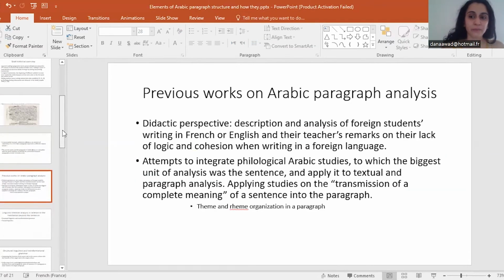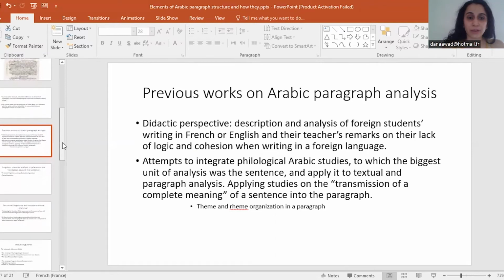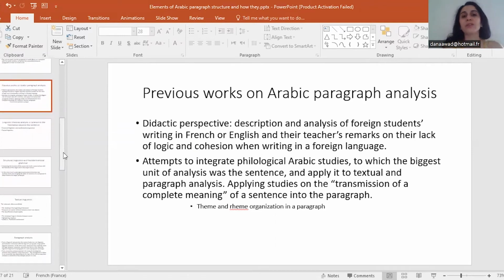So as for the modern paragraph, previous works were either from a didactic perspective, so describing and analyzing foreign students' or Arab students' writings in French or in English, and their teachers' remarks regarding the lack of logic and the lack of cohesion when they wrote in English or in French, and attempting to explain this.